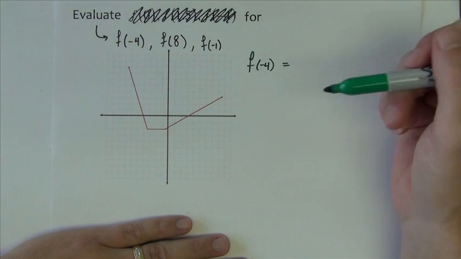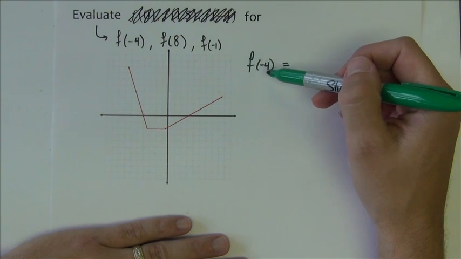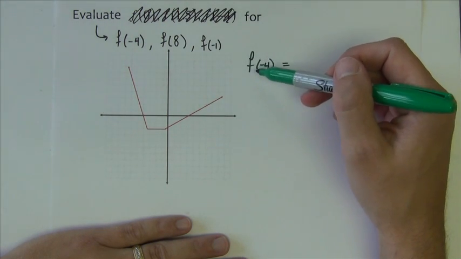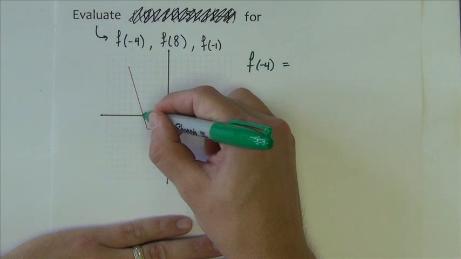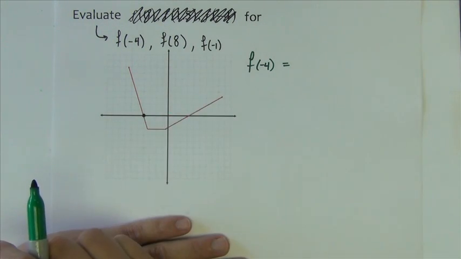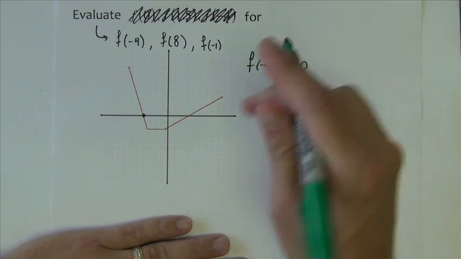Since these represent points on the graph, all we need to do is locate the point where x is -4. Let's find -4 on the x-axis. It actually hits the graph right there. That ordered pair point is -4, comma 0.